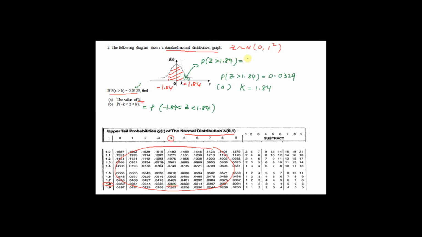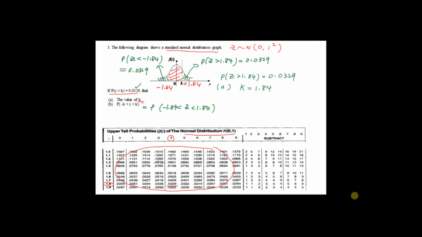That is 0.0329. And this distribution is symmetrical, implying the probability here, that is the probability z less than negative 1.84, is also equal to 0.0329.